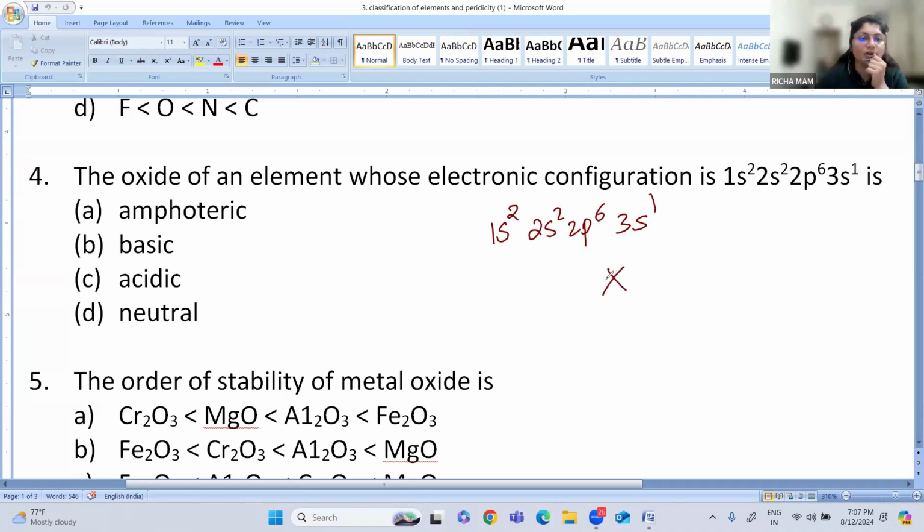The element with atomic number 11 is sodium, a metal. The oxide of this metal would be Na2O, with sodium as Na+1.